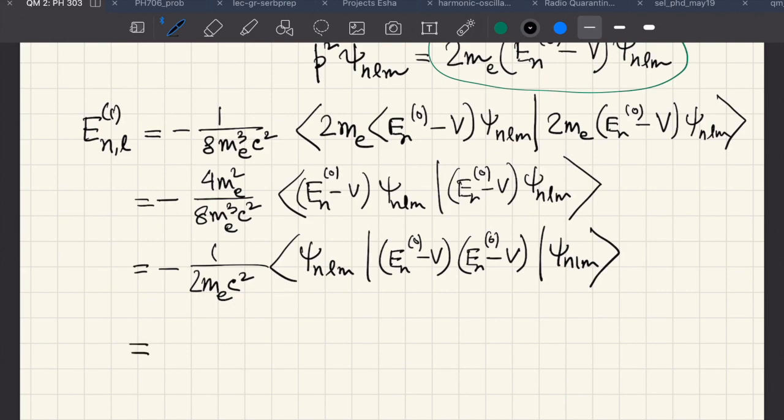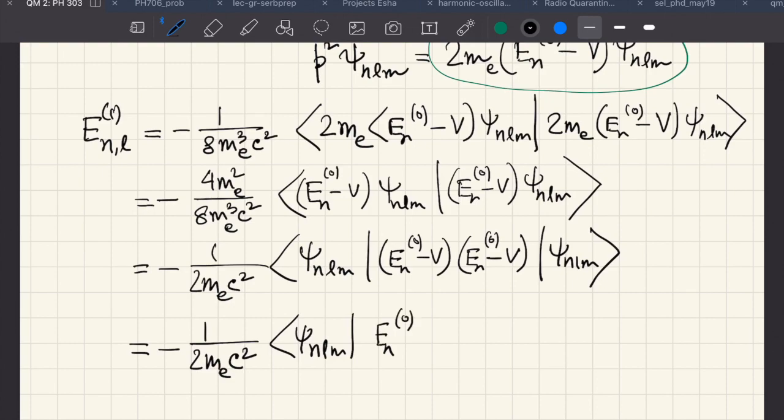So we get minus 1 by 2me c squared. Now we know that V is an operator, but E is just some fixed number for a particular n. So it is not an operator.